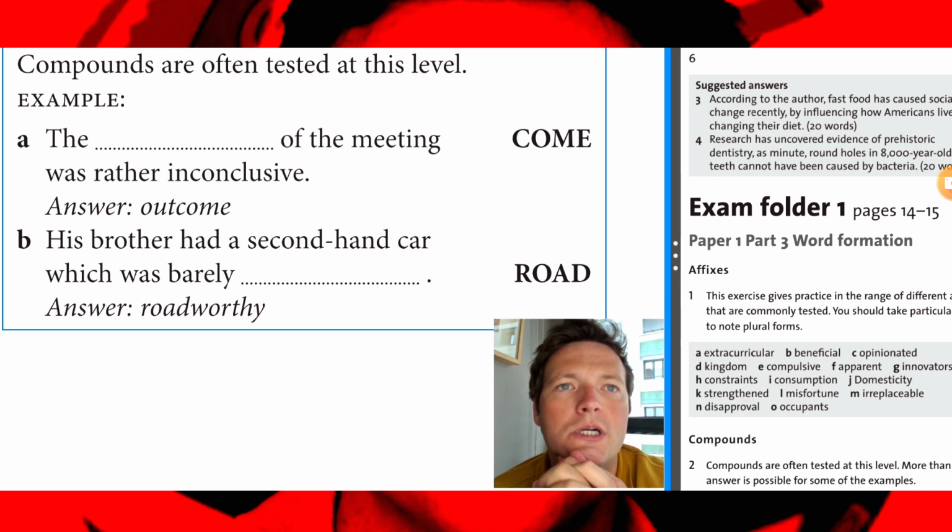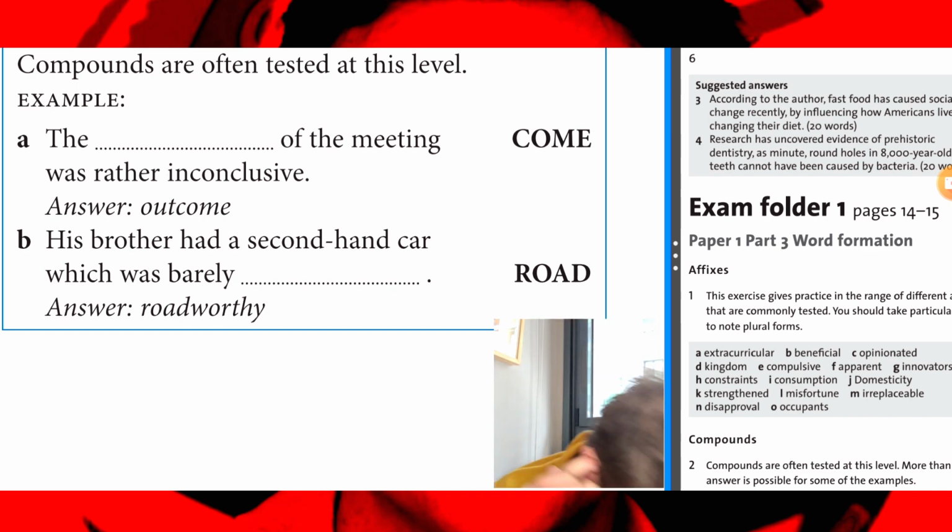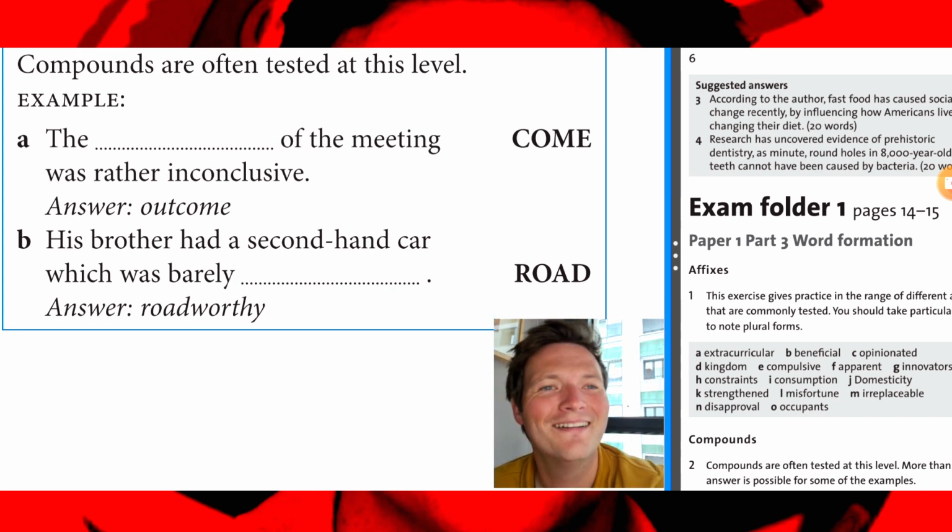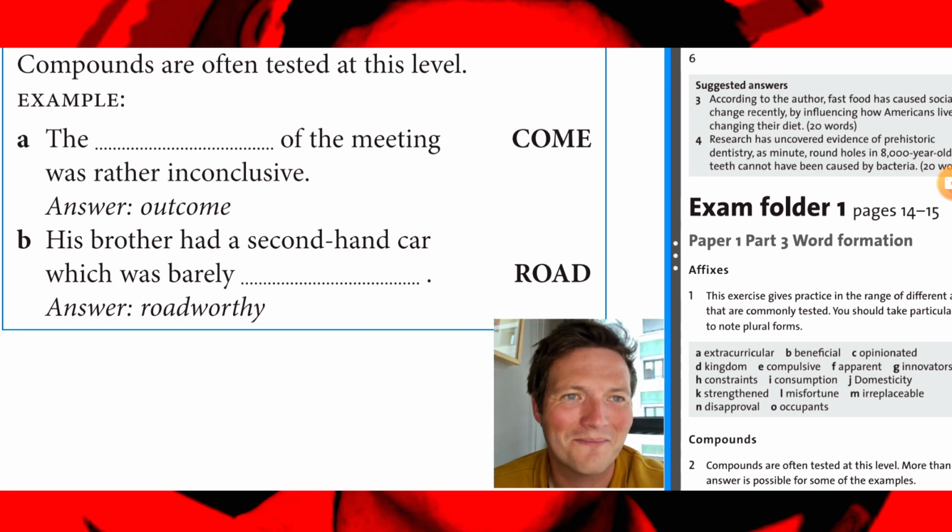Example: the come of the meeting was rather inconclusive. Oh, it gives me the answer. The outcome. Right, yeah, okay, that's the example there. Okay, we've got outcome. That's the compound noun, the result, the outcome.